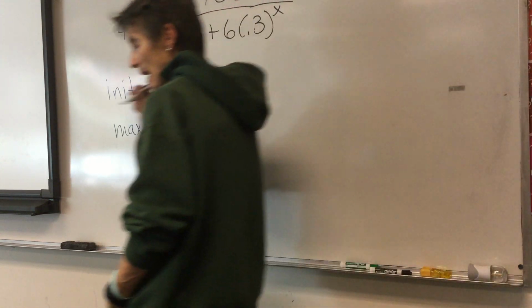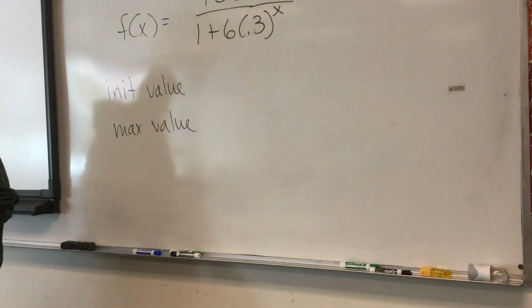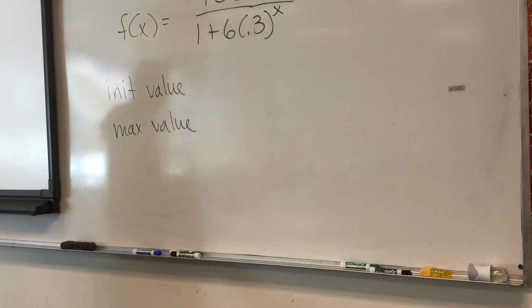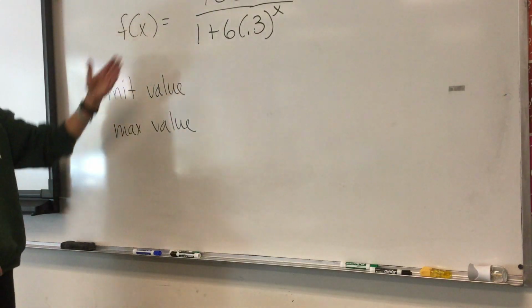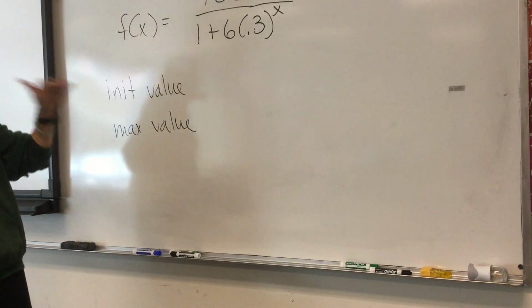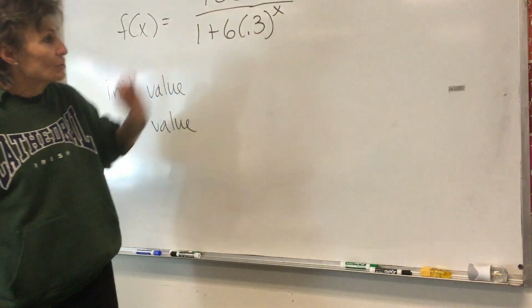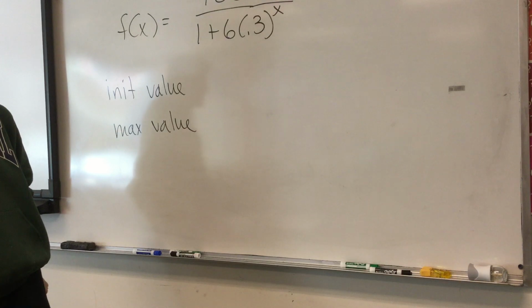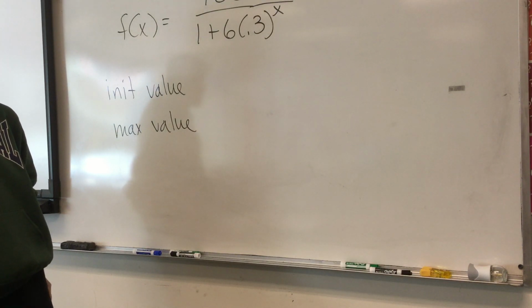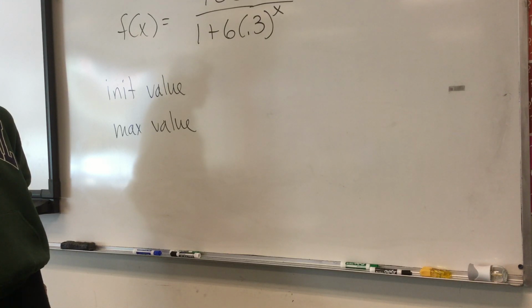All right, how do we find the initial value? Now, in an exponential, it's easy, because in an exponential, you can just look for your A value. It isn't so easy with these guys. What do we have to do to find the initial value? Okay, we're going to let x be 0.